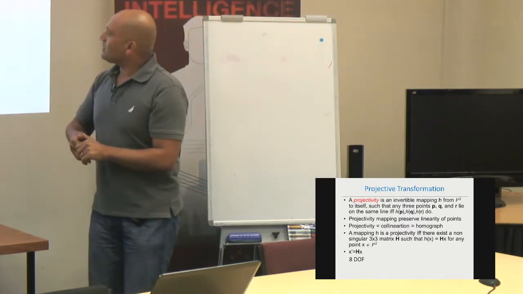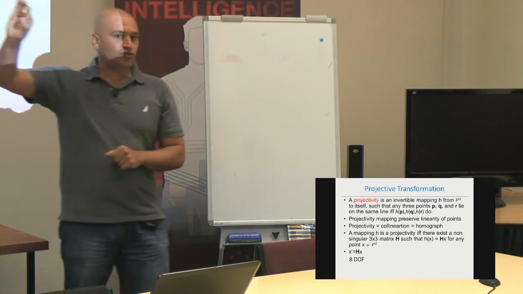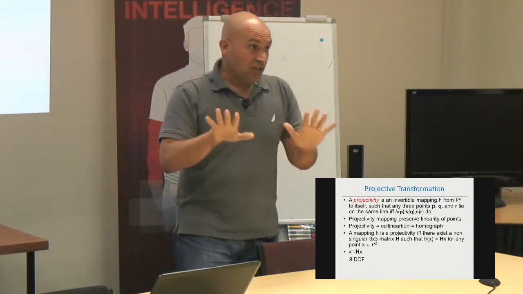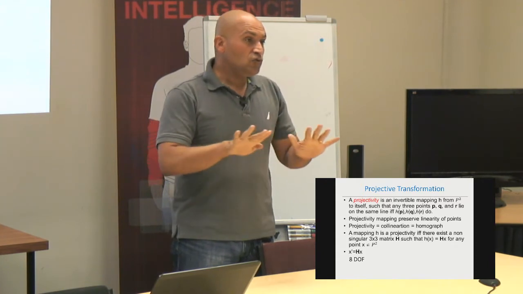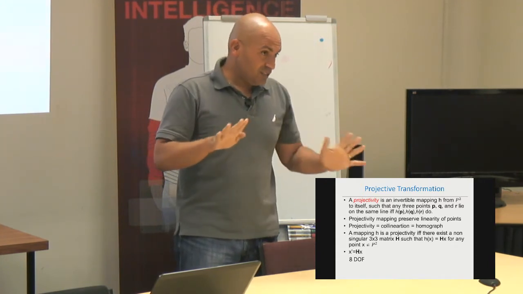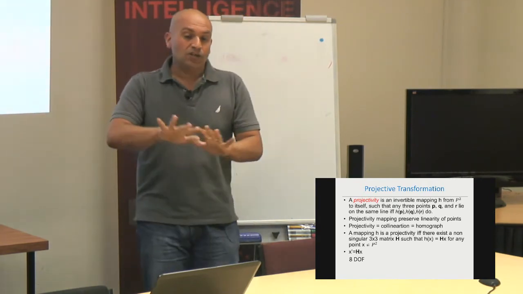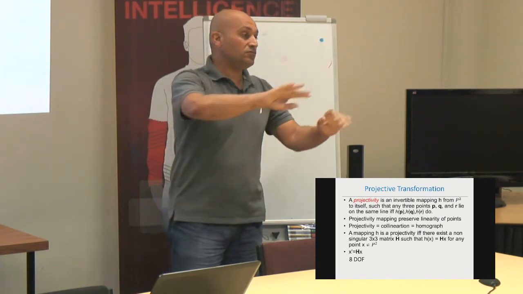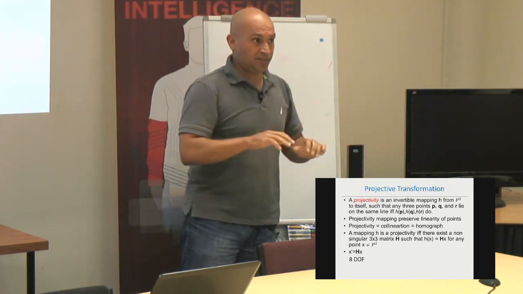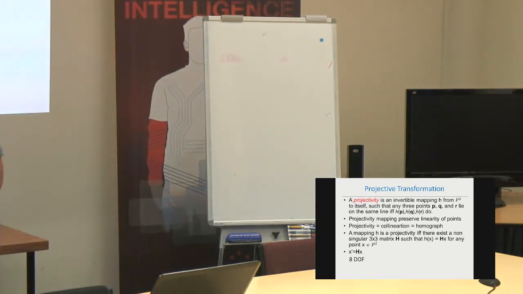Just bear in mind that we are talking about the projective 2D space. This part will be more about the 2D space. So we are talking about projective mapping of points in a plane to other points in another plane. This is the idea of projective mapping.